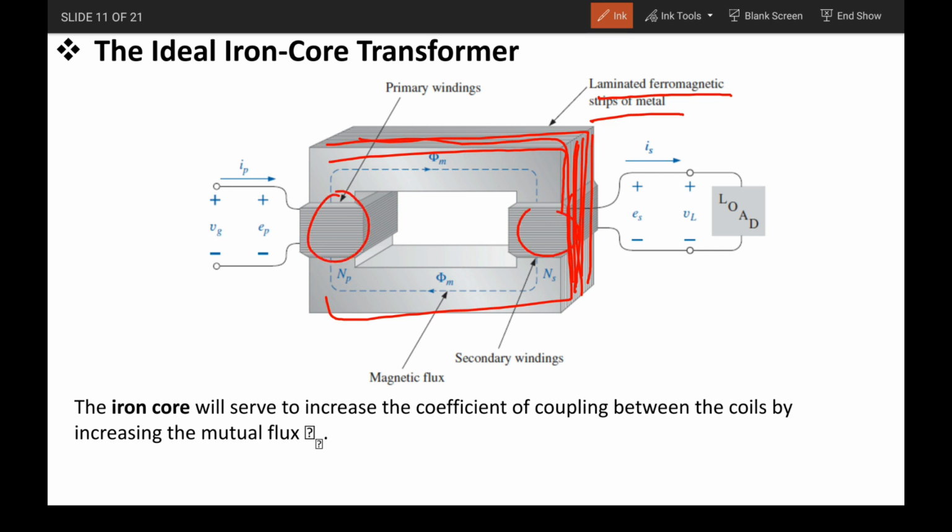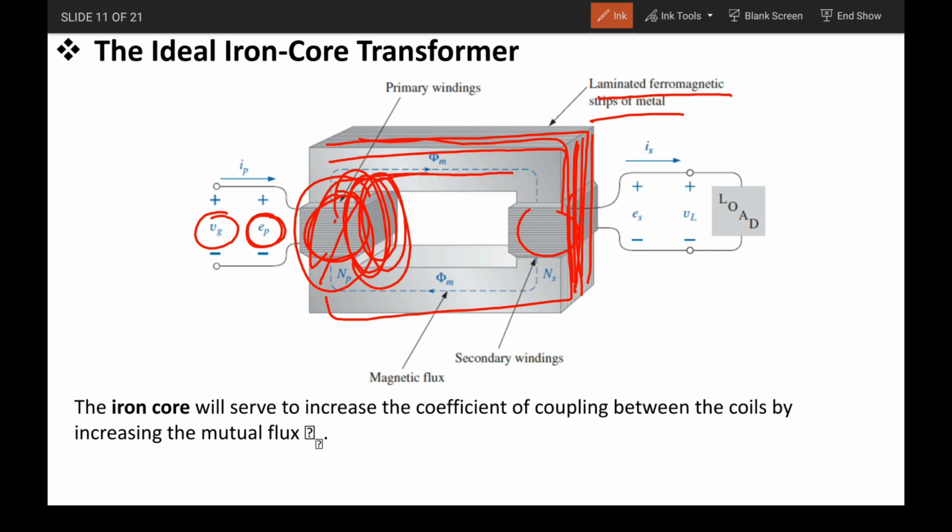Secondary. So phi p is generated here, and this is the EP, the induced voltage in the primary, and this is definitely due to the self inductance, since we are supplying voltage Vg at the primary, so the magnetic flux will cut itself, and from there EP will be generated.